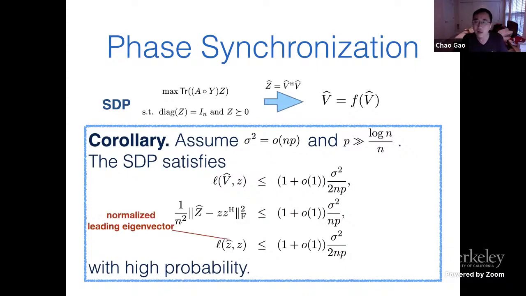And here, for the third loss function, Z hat is actually the normalized leading eigenvector of the matrix Z hat, because the output of the SDP is always a matrix. If you want a vector estimator, a post-processing step is necessary, unless you can show SDP is rank 1, but sometimes it's not. Okay, these are all the upper bound results that I want to discuss.